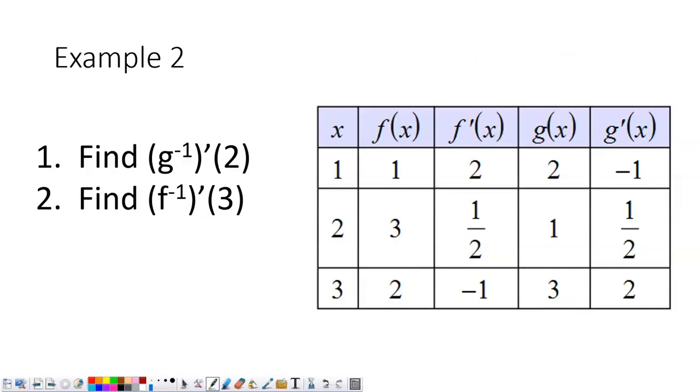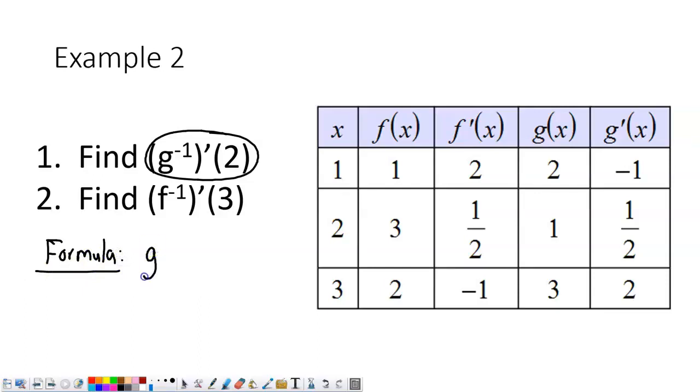All right, so let's get down to business. So we need to find g inverse prime of 2. Well, first of all, the first thing you're going to do is you're going to write your formula out. That nasty formula that you don't want to have to memorize.